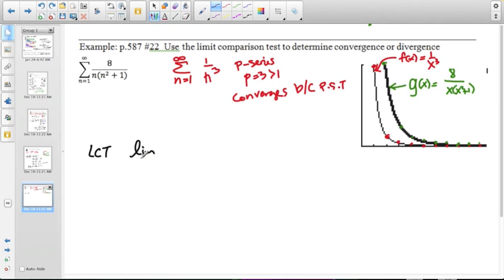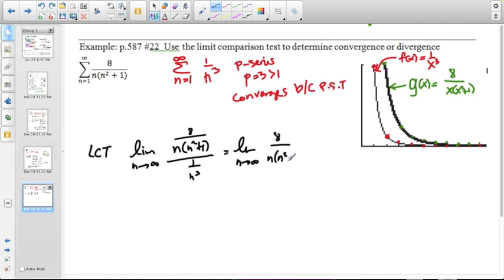We're going to take the limit as n approaches infinity, and I'm going to stick the existing series in the numerator and the one I'm comparing it to in the denominator. I'll rewrite that as a multiplication problem: 8 over n times the quantity n squared plus 1, times n cubed over 1.